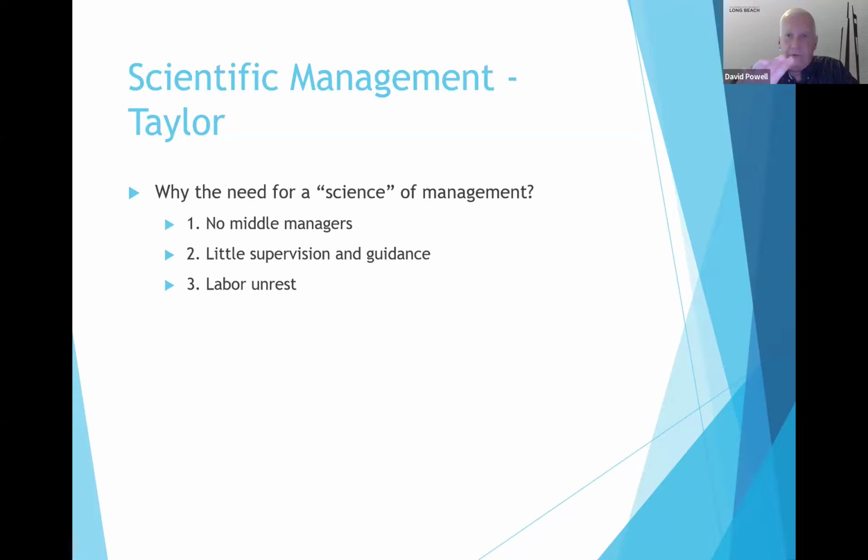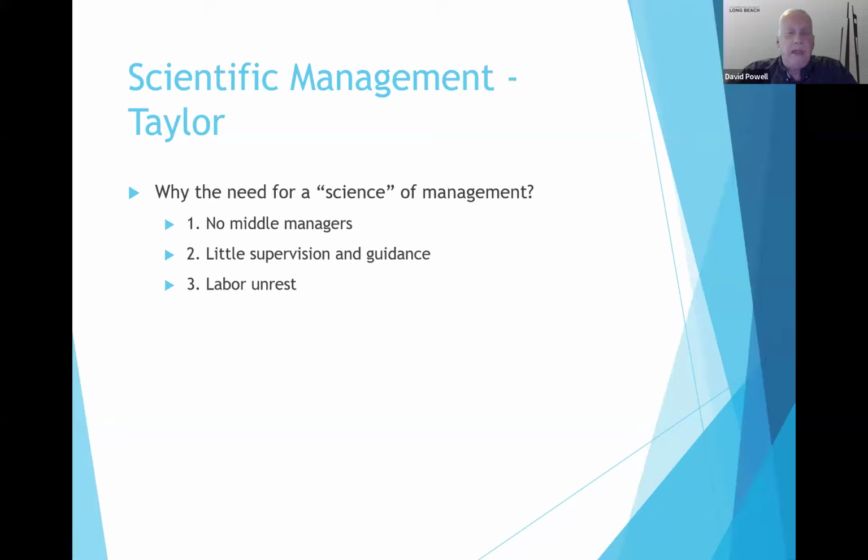We didn't have the level of middle management that we see today in our organizations. That was not present when Frederick Taylor was developing his theories. You essentially had your line workers who were creating the output on a daily basis. Then you had leadership, but you really didn't have that middle level of management that could oversee and help direct those employees to make the jobs more efficient, and therefore make those employees more productive. So he wanted to create this level of middle managers.